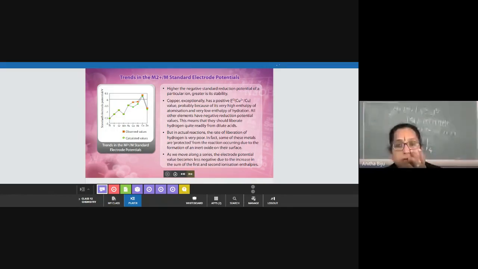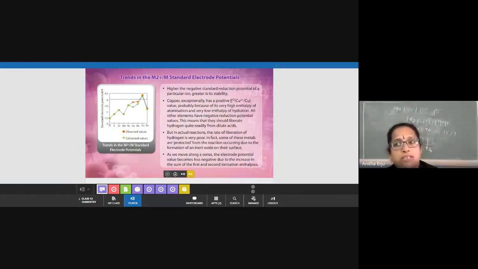Here the reason is mentioned very clearly, and you can mention this point in a very short way. If asked, copper has a positive reduction potential value, give reason, you can write: it has high enthalpy of atomization.